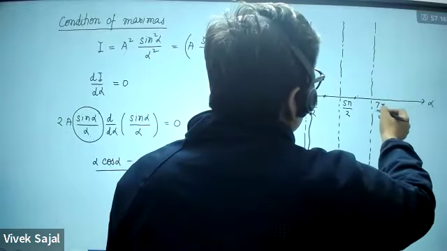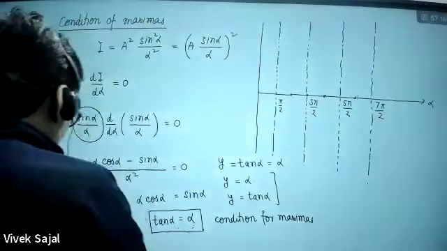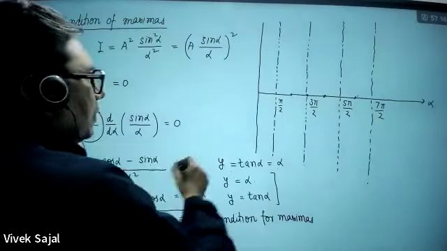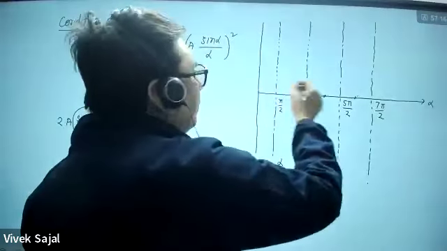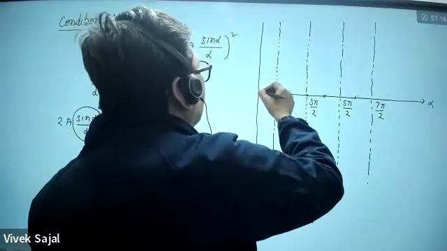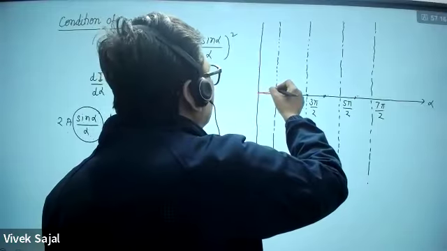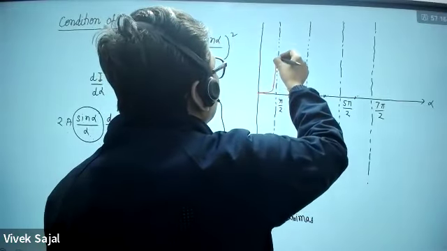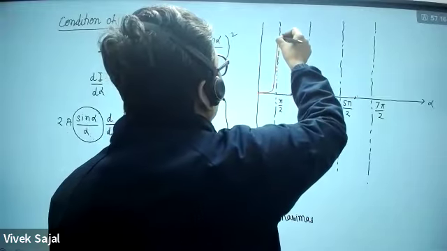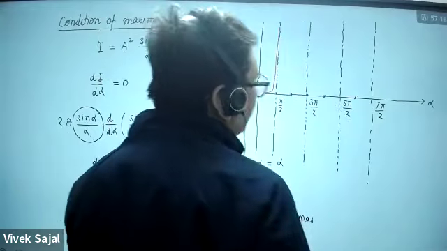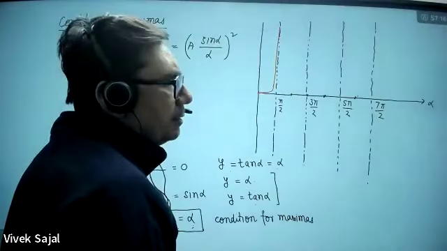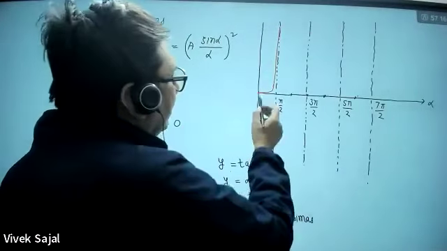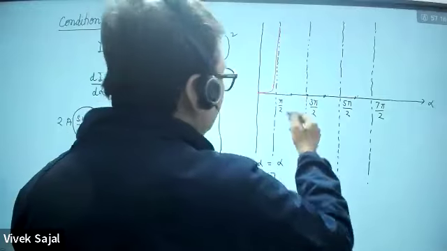If you plot this tan alpha, what type of plot will you get? At alpha equal to 0, tan alpha will be 0, and it will tend to infinity like this. And again at pi, it will be 0.